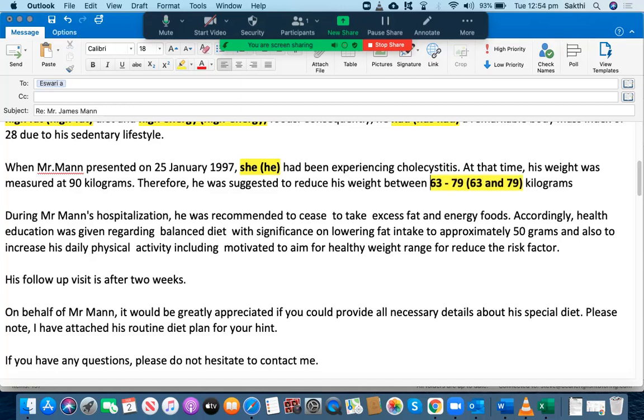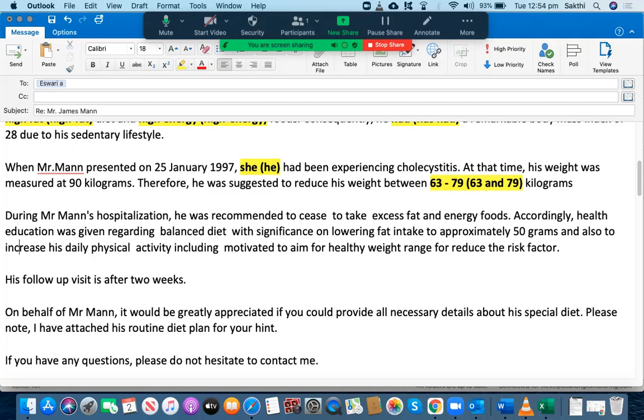When do we need to use to? We can use it when we use from and then to. So from 63 to 79 kilograms. We should not use any symbols such as hyphens in this case. You have to write to or and, like the way I have written down.